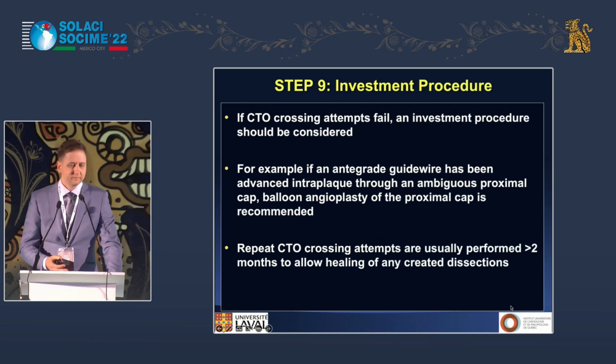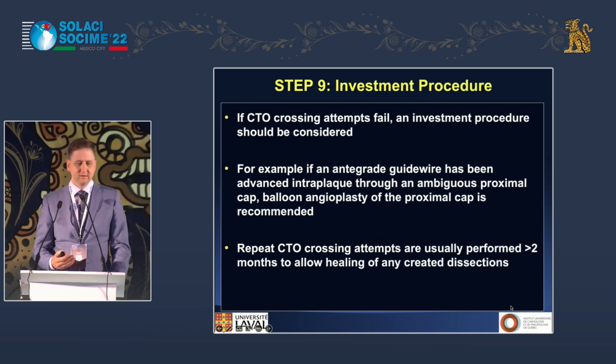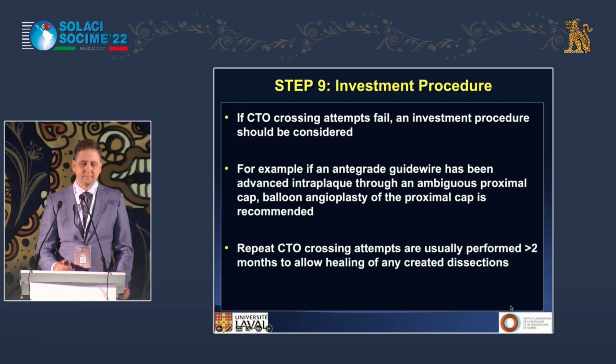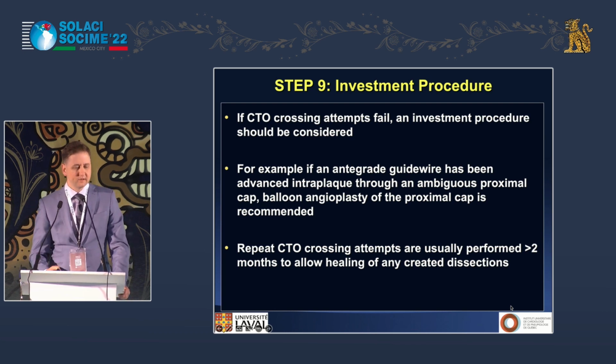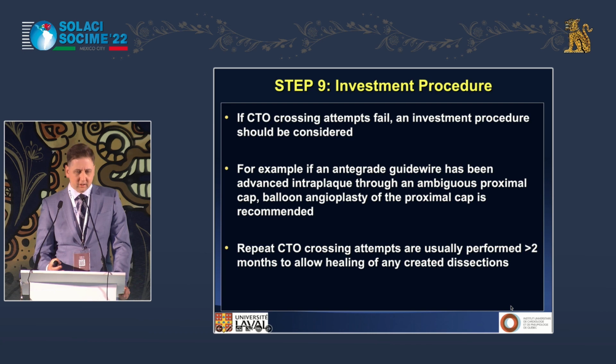Then it is also very important to know that if CTO crossing attempts fail, an investment procedure should be considered. For example, if an antegrade guide wire has been advanced entroplaque through an ambiguous proximal cap, balloon angioplasty of the proximal cap should be done.